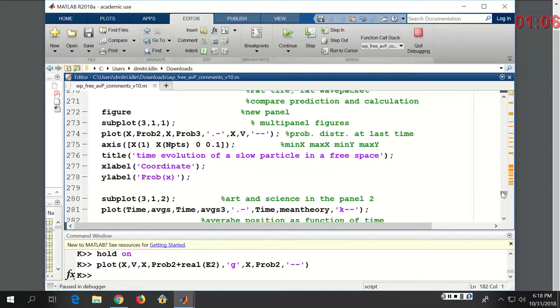So 3 panels, 3 by 1, that means 3 as a column, panel number 1, and then you plot whatever you need. Then 3 by 1 grid, panel number 2, and you plot whatever you need. I don't know if you need this.